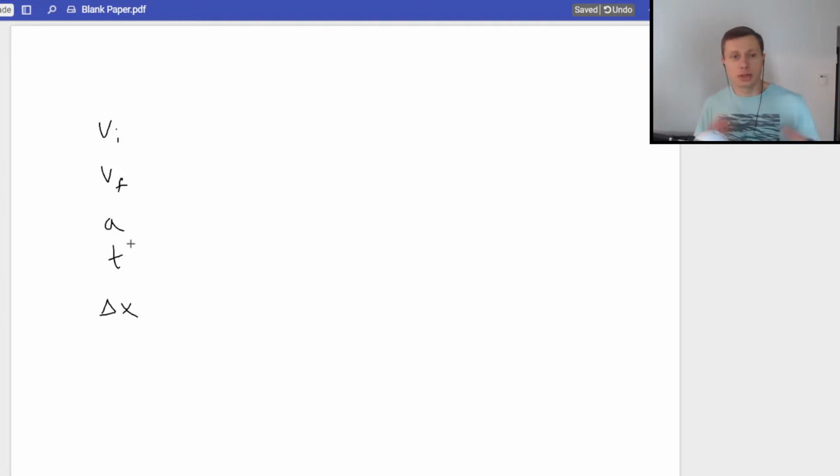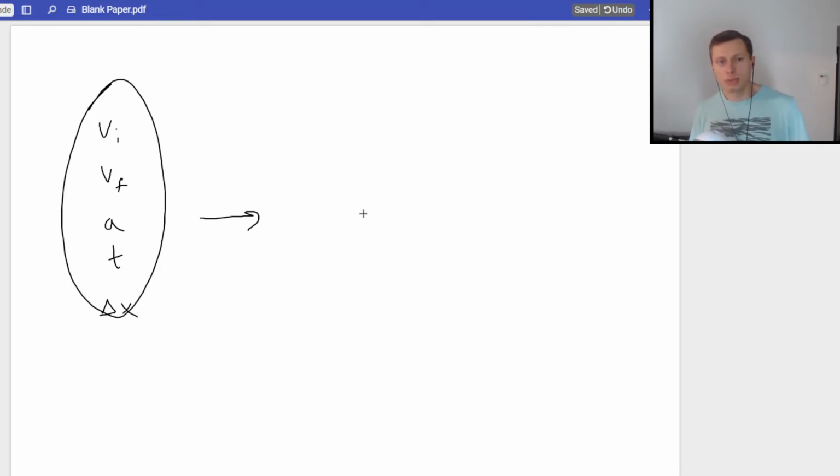If we found 3 of them, then we could plug into one of the 4 kinematic equations. Now we're going to be doing essentially the exact same thing, except these 5 variables are going to be replaced with omega initial, omega final, alpha, still time, and instead of delta x we have delta theta.